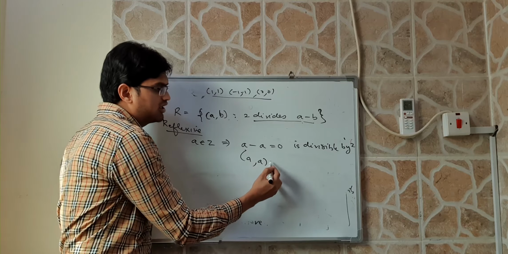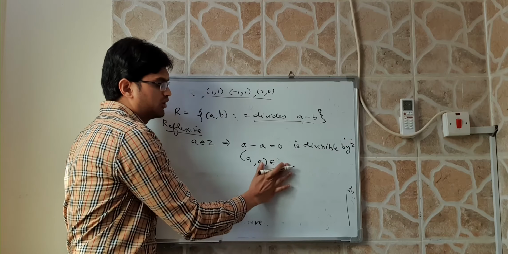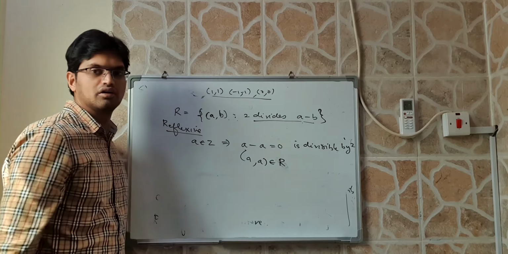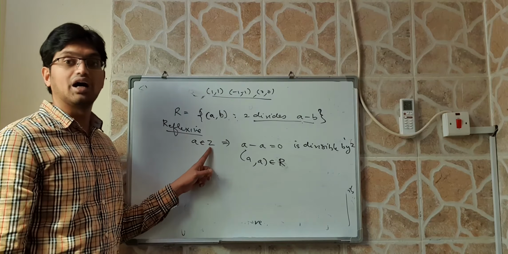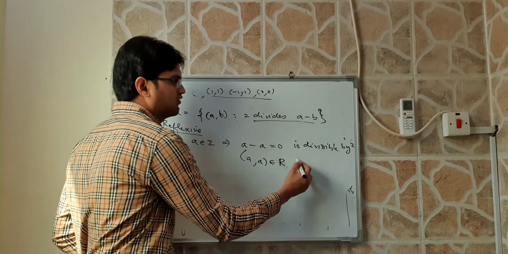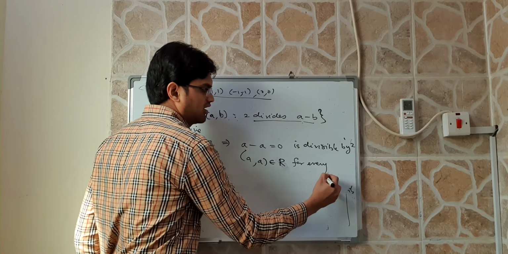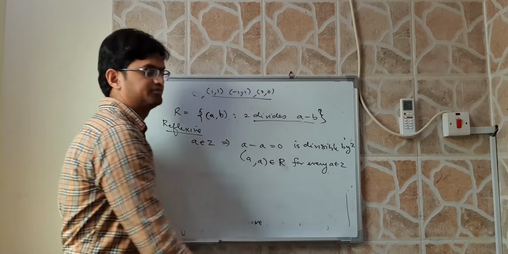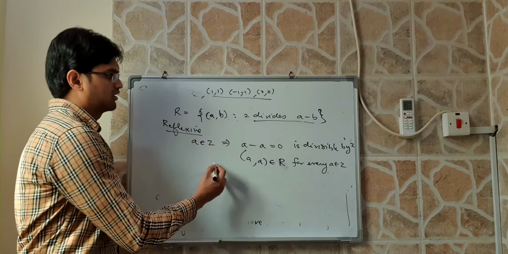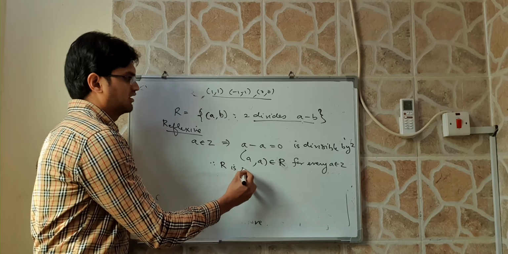Therefore, (a, a) belongs to R. And a is taken as an arbitrary element of Z. That means for every a belongs to Z, (a, a) belongs to R. Therefore, R is reflexive.